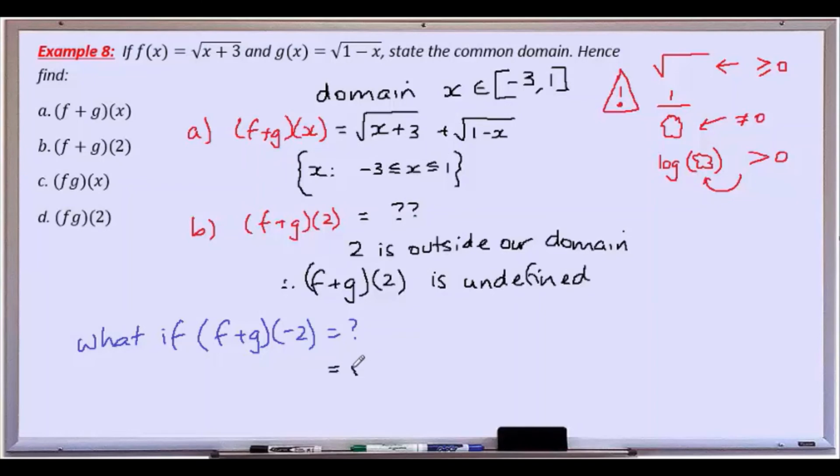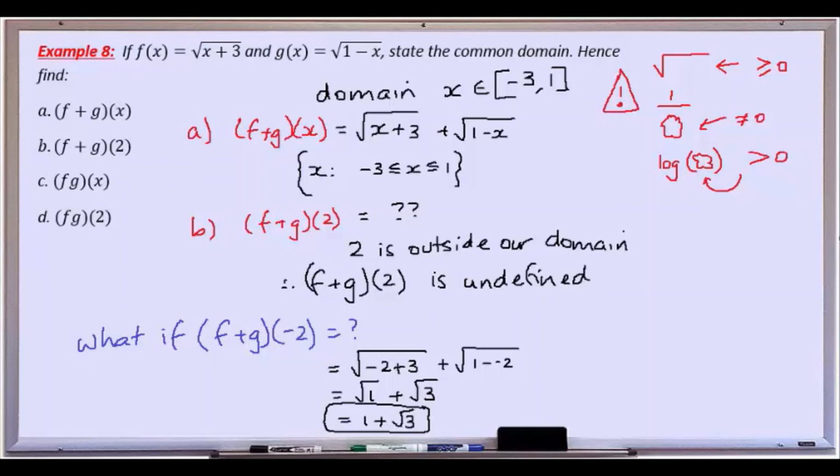So it would be the square root of negative 2 plus 3, plus the square root of 1 minus negative 2, which equals the square root of 1 plus, that's 1 plus 2, the square root of 3, equals 1 plus the square root of 3. And that would be our answer for f plus g of negative 2.